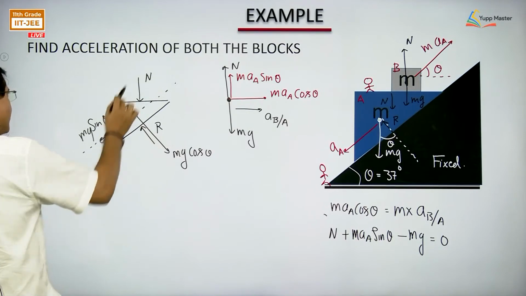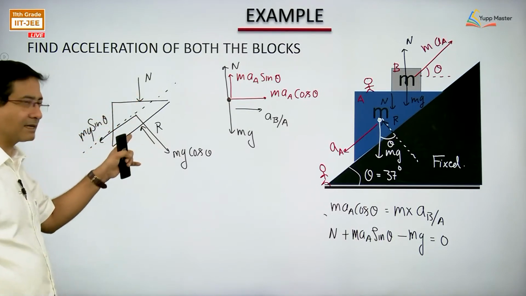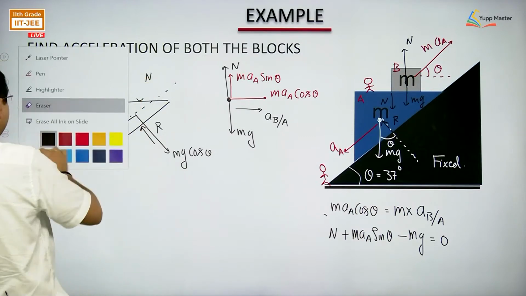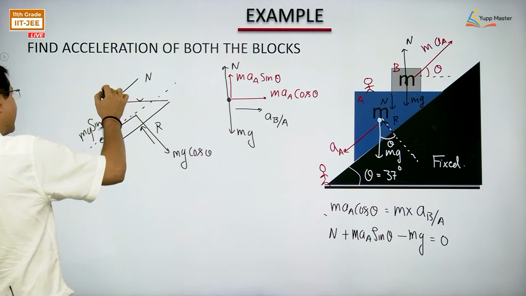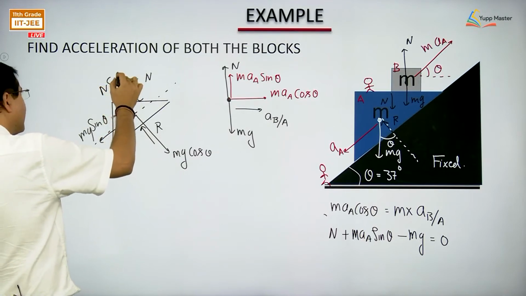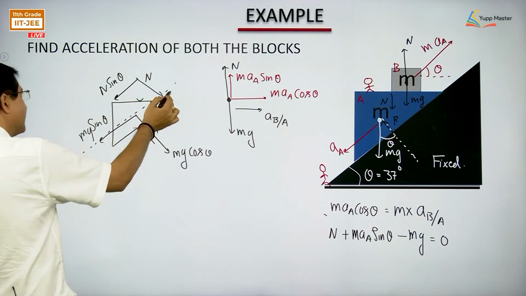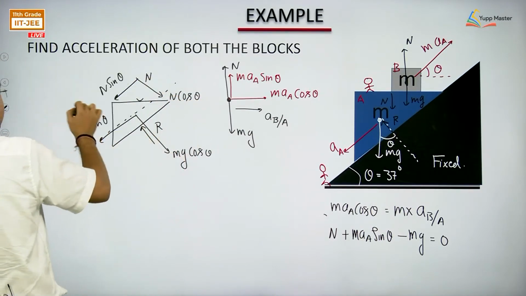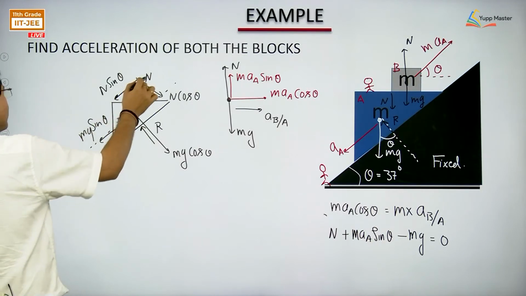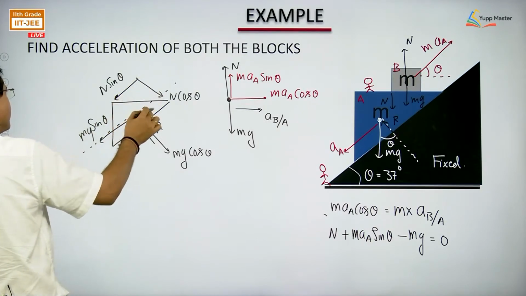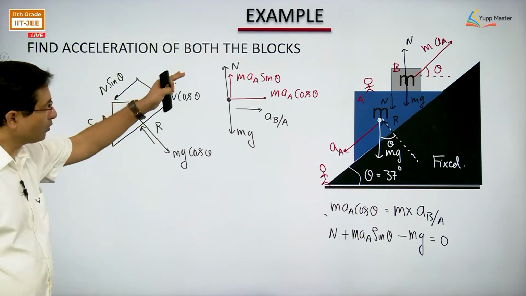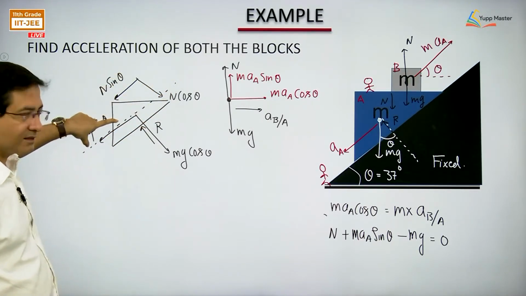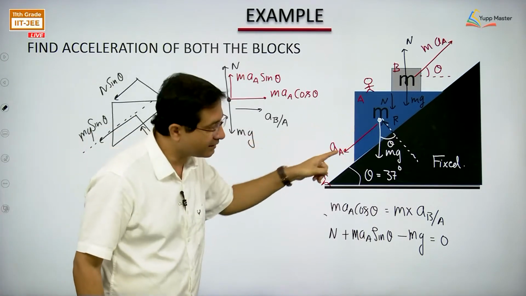Now mg I remove. Similarly, normal you can see, normal is acting vertically downward. So again it will have two components, one along the plane, that is N sin theta, and in this direction N cos theta. I resolved N. So if you just look at along the plane what is happening, I can see N sin theta and mg sin theta will accelerate the block in downward direction.